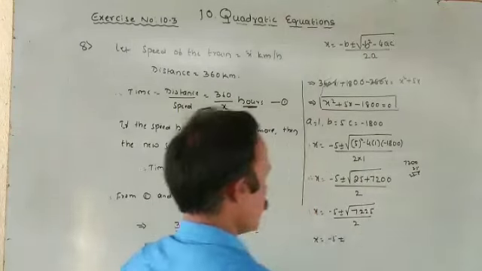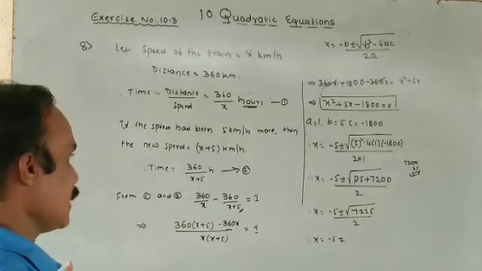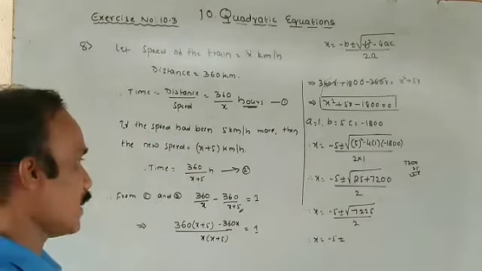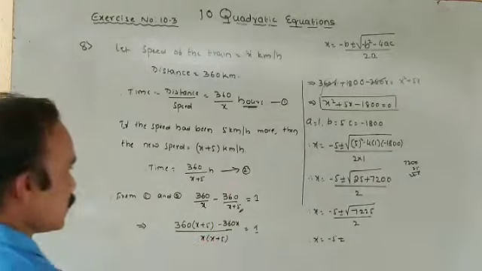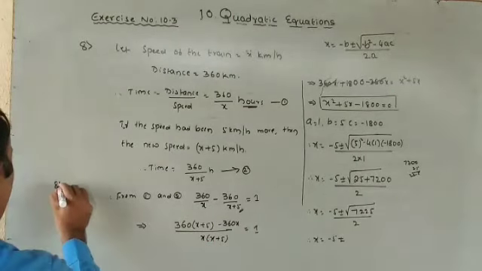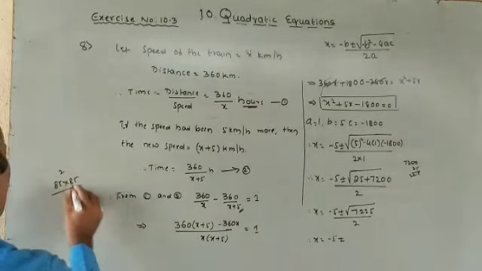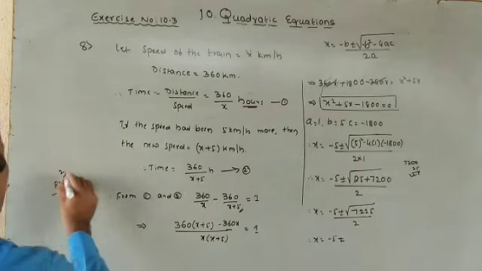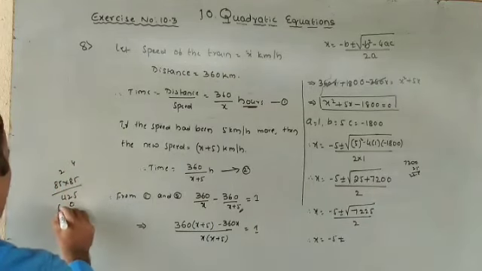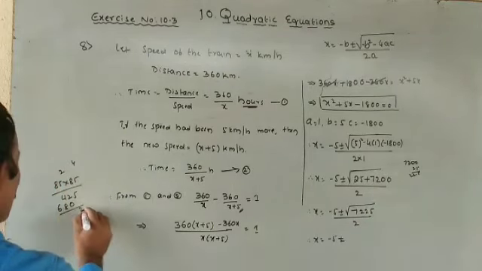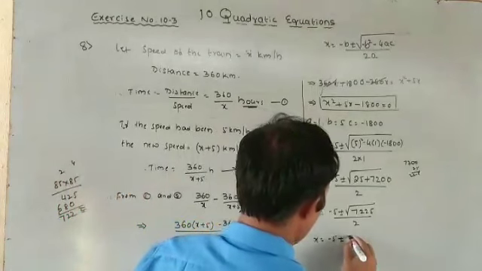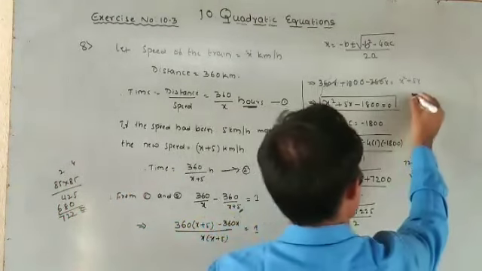Next, convert this using the LCM. So x into x plus 5 is the LCM. x gets cancelled, so 360 into x plus 5. This time x plus 5 gets cancelled, so 360x is equal to 1. Next, let's simplify this.